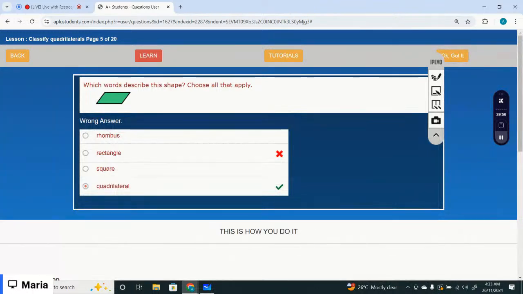Quadrilateral, it is. Okay, the next one.